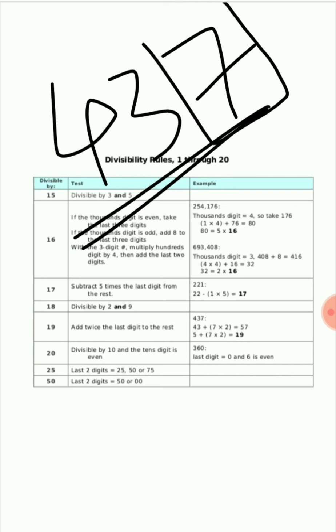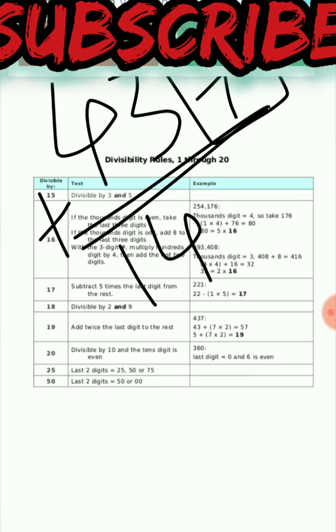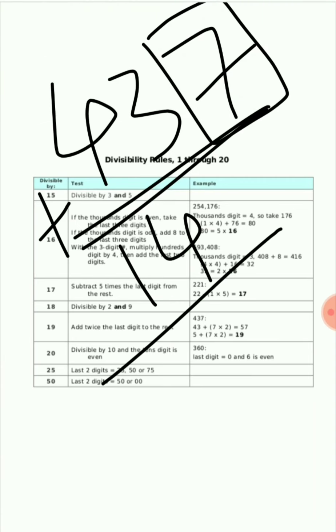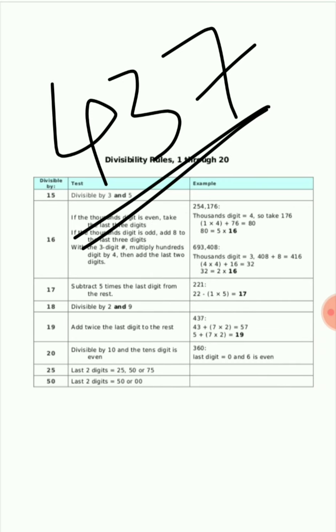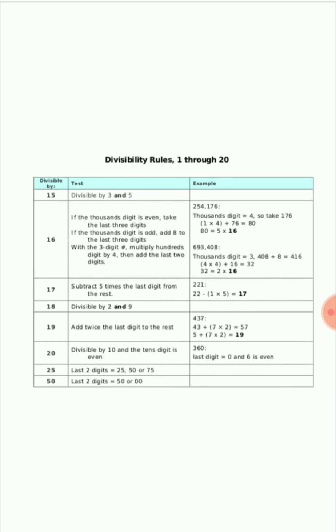How do we check if this number is divisible by 19 or not? We truncate the last digit 7 and add twice 7 to the remaining number 43. The result is 57. Is 57 divisible by 19? Yes, 57 is divisible by 19. So our given number 437 is divisible by 19.